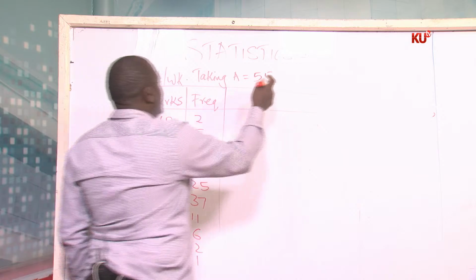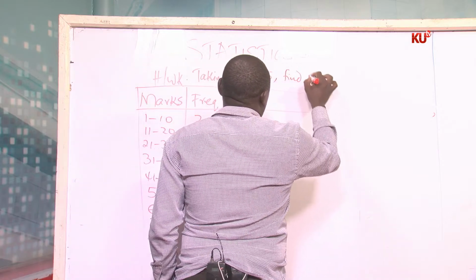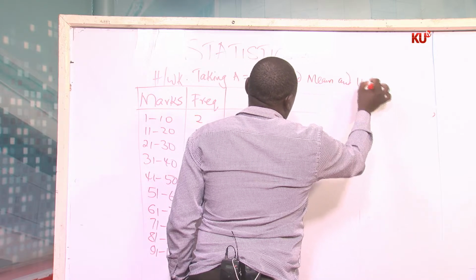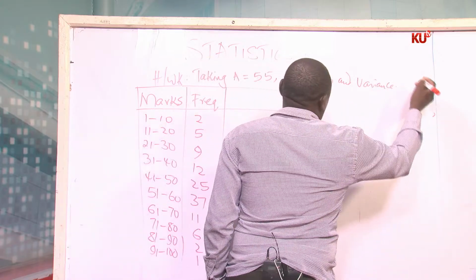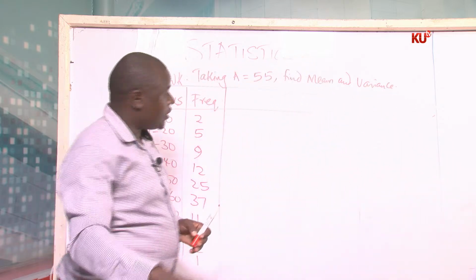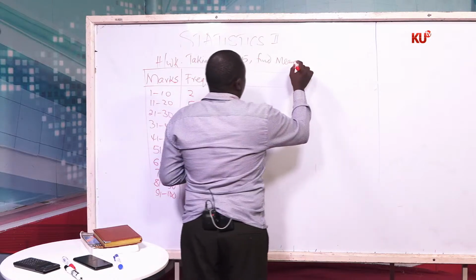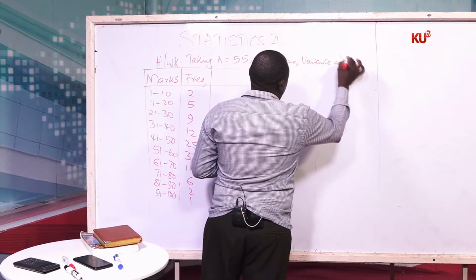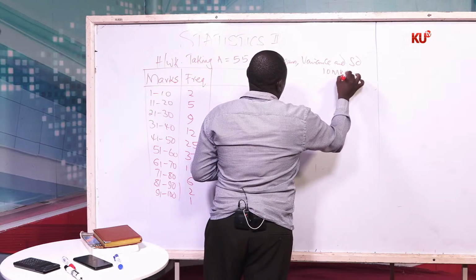So taking A as 55, find mean and variance. Or rather, let's doctor that to read: find the mean, variance, and standard deviation so that you earn your 10 marks.